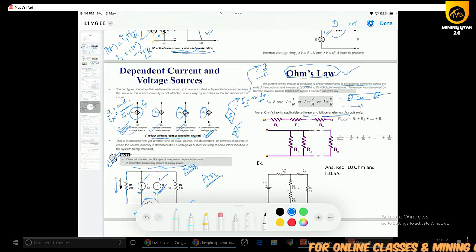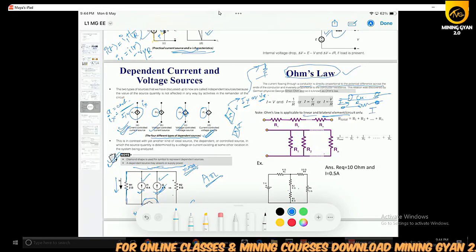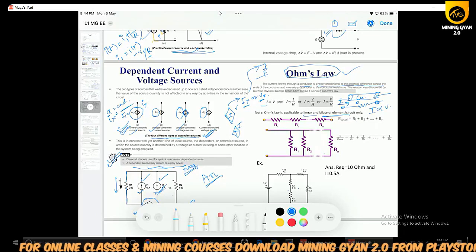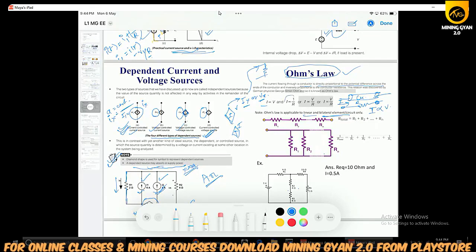Copper provides a resistance that restricts the flow of current. These two are the ends of the conductor. According to Ohm's law, I is directly proportional to V and inversely proportional to R, such that I equals V by R, and that is called Ohm's law.